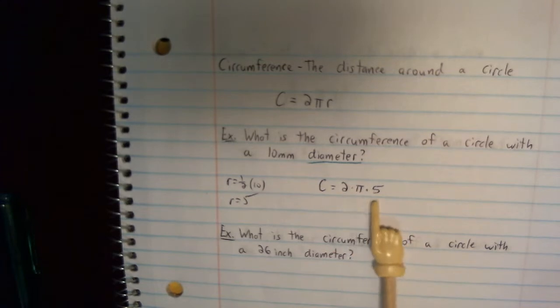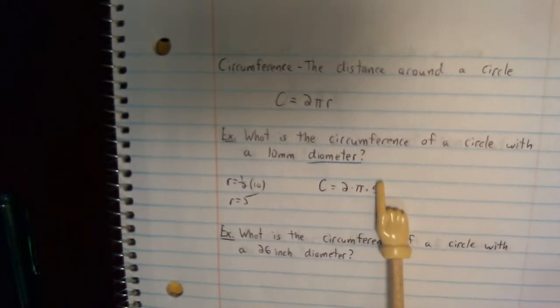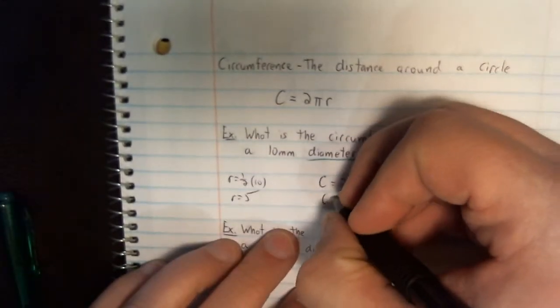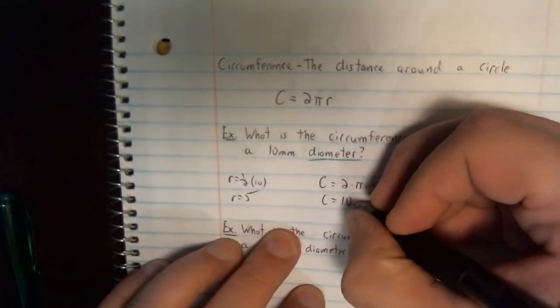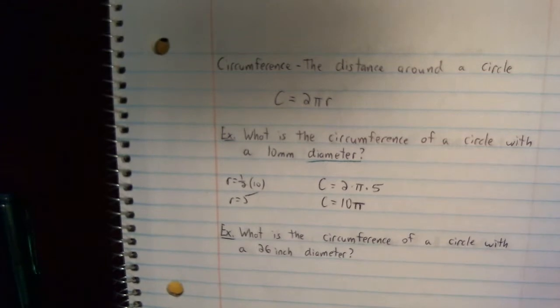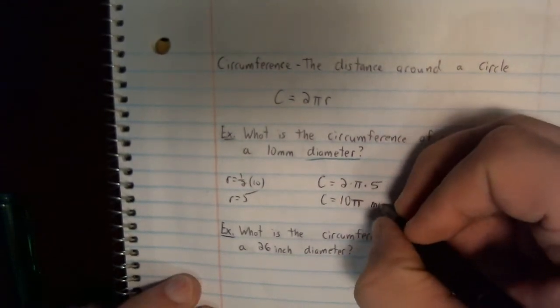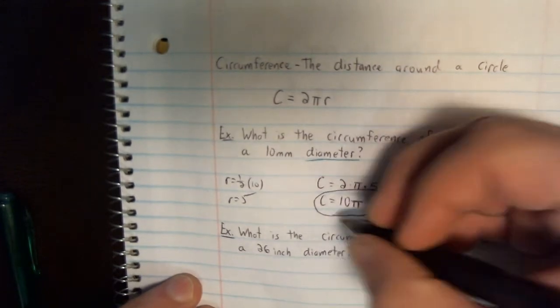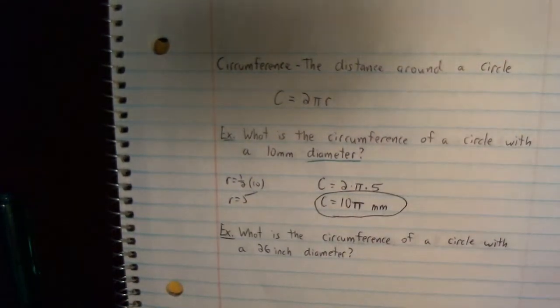What I mean by that is that we want to keep the pi as part of our solution. So the things that we can multiply here are 2 and 5, which give us 10. And let's just attach the pi to that solution, 10 pi. And we're talking about millimeters. Okay, so our circumference is 10 pi millimeters for that particular circle.